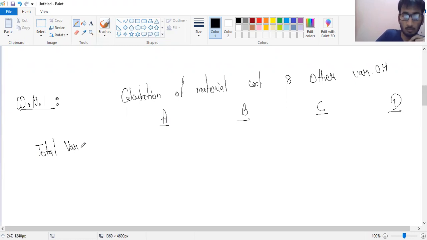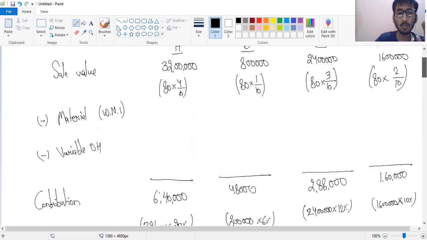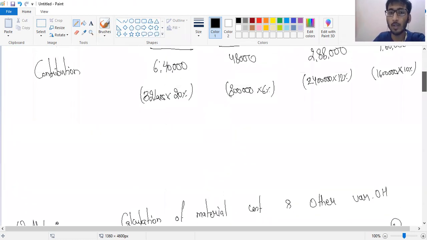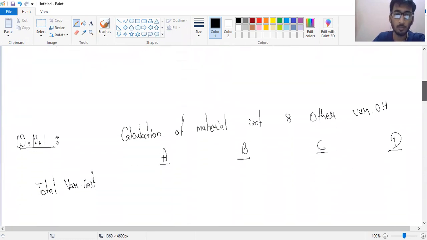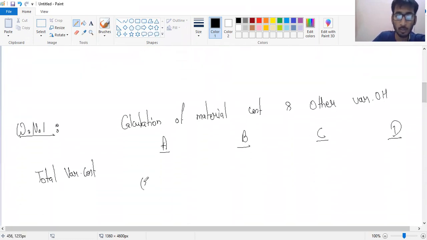Total variable cost is simple. Basically, sale minus contribution would be the total variable cost. So for A you can say 32 lakh minus 6 lakh 40,000. It is the balancing figure.